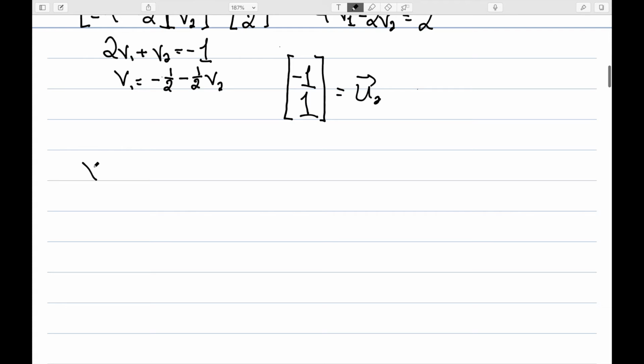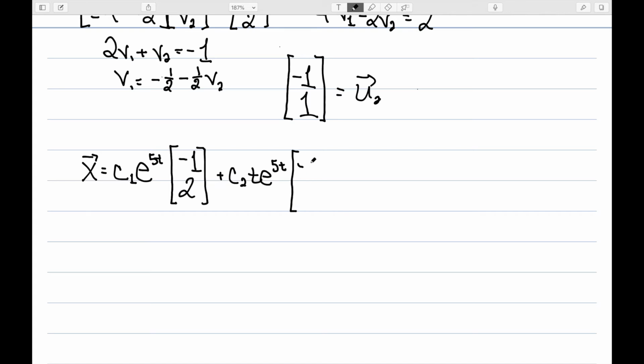So I can now finally write my answer. C1 e to the 5t times u1, which we had found originally to be negative 1, 2, plus C2 times t e to the 5t times the vector I had originally, negative 1, 2, plus C2 e to the 5t times u2, negative 1, 1.